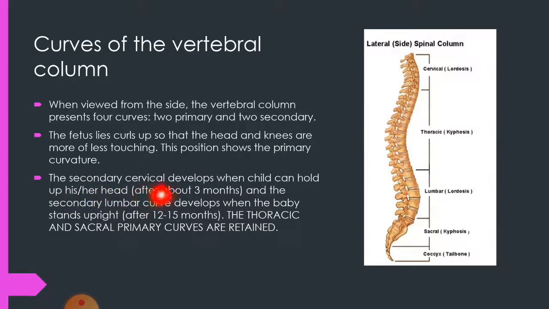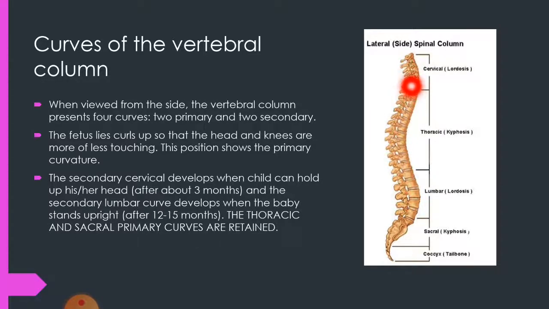The secondary cervical develops when the child can hold up his or her head after about 3 months, and the secondary lumbar curvature develops when the baby stands upright after 12 to 15 months. So the cervical and lumbar are the secondary curvatures.